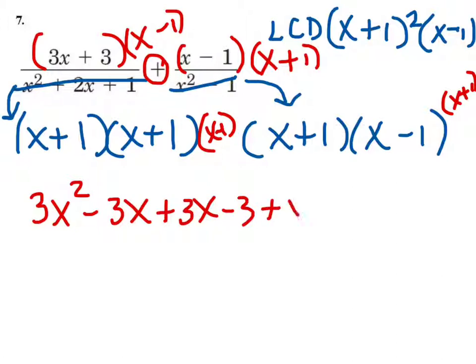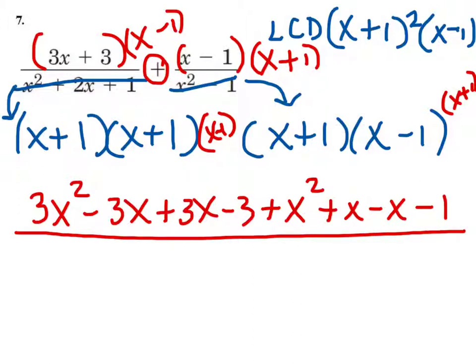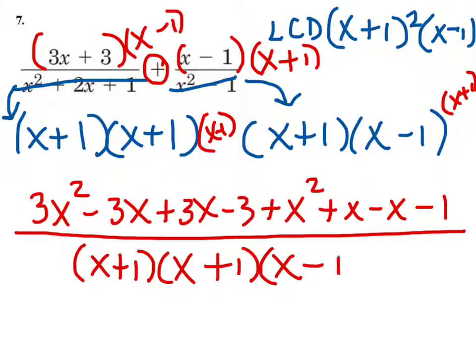When I FOIL this result, I get x squared plus x from the outer product minus x from the inner product minus 1. So what I've done here is I've FOILed this numerator, placed it here, FOILed this numerator, placed it here, and this is all expressed over the denominator of our LCD, which we have previously found to be x plus 1 times x plus 1 times x minus 1.